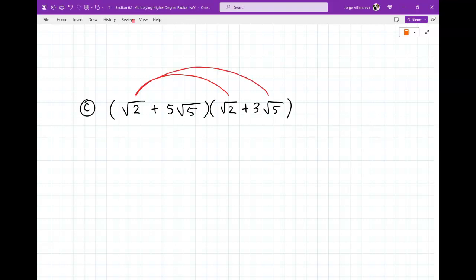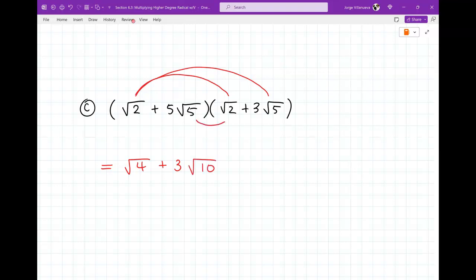So here's the first one. All right. So that's going to be my first multiplication. So I'm going to get, let me put it down here. Radical 2 times radical 2 is radical 4. So notice that'll simplify in a bit. Radical 2 times 3 radical 5, that's positive. 1 times 3 is 3. Radical 2 times radical 5 is radical 10.